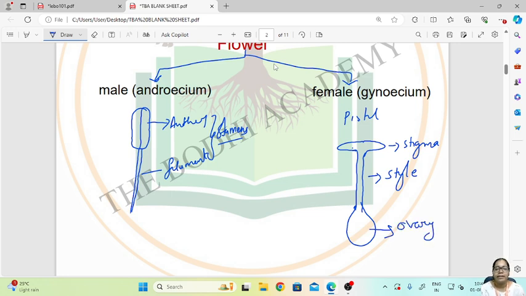So these are the three parts of the female reproductive part, that is the gynoecium, which is called the pistil, which has the stigma, style and ovary, and the male reproductive part called the stamens, which consists of the anther and the filament.